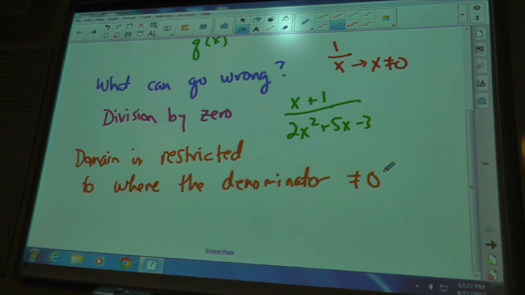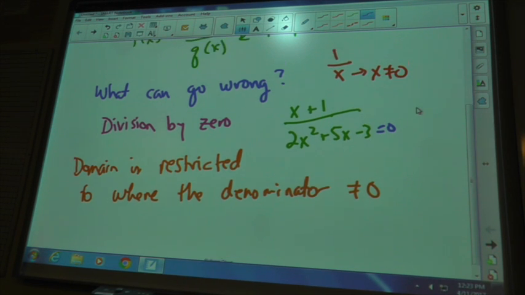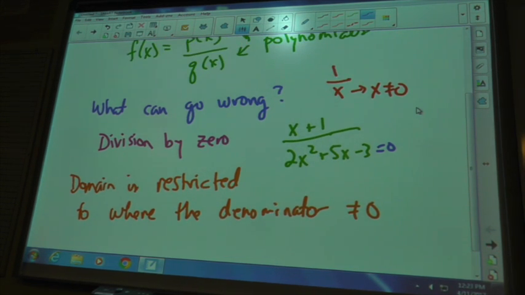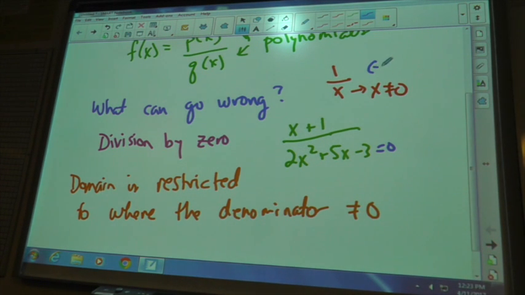So everything can go right except if you divide by 0. Okay? Usually we just set it equal to 0 and then say everything but that. So my math lab will want you to put the answers like this. I don't want this one to be negative infinity to 0 union 0 to infinity. That's everything but 0.